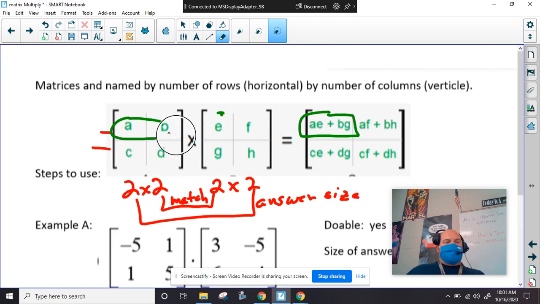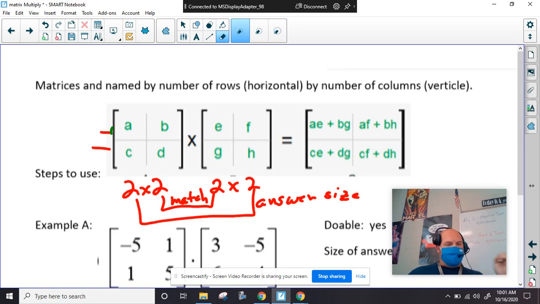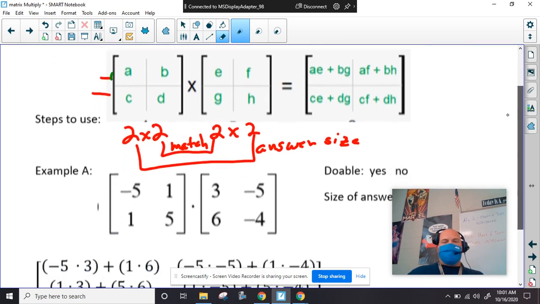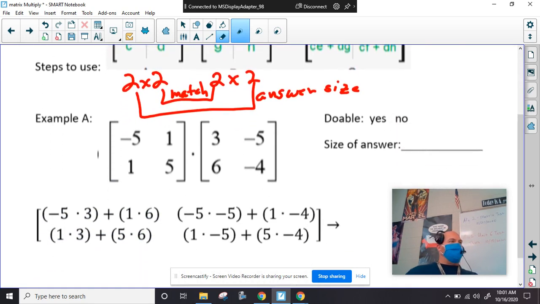The first couple of times it seems really confusing, but then again, it's just the process. Once you get a hold of the process, it's easy to do. Now, on the first couple of examples, the big thing is: is this doable? You need to ask yourself that question, and then what's going to be the size of the answer?